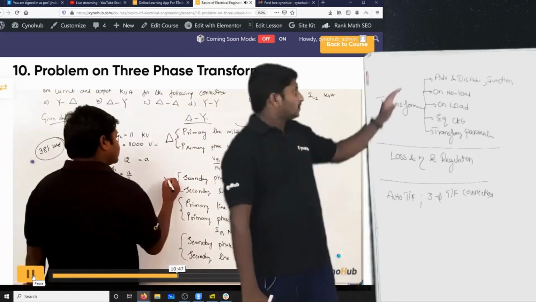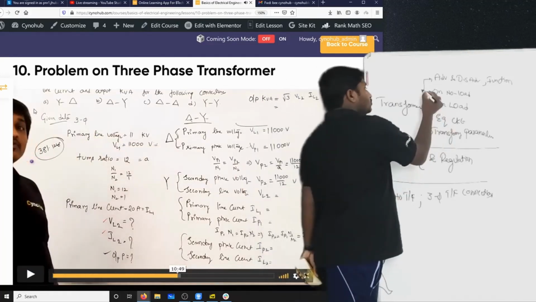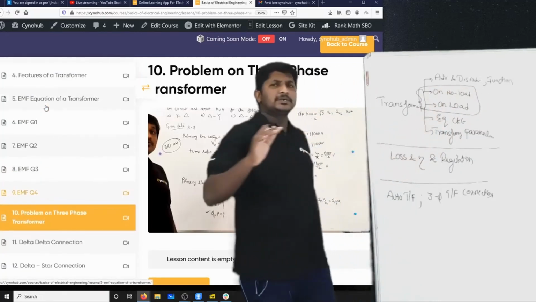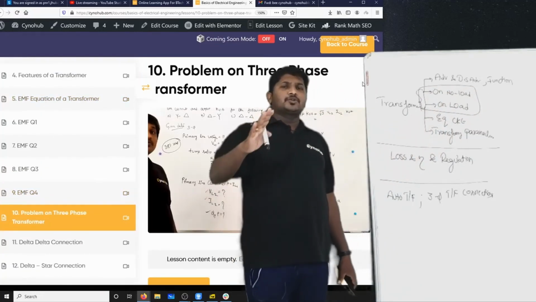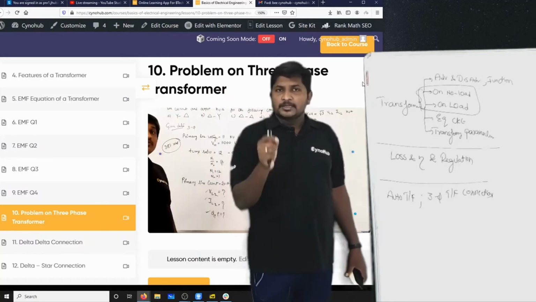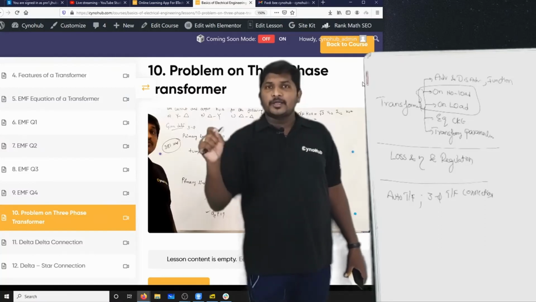Okay, so let's come to transformer operation. These two are under operation of a transformer. So, very important question: explain the operation of a transformer on no load case.